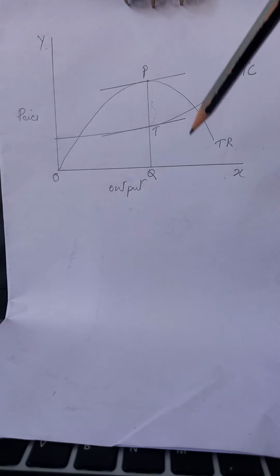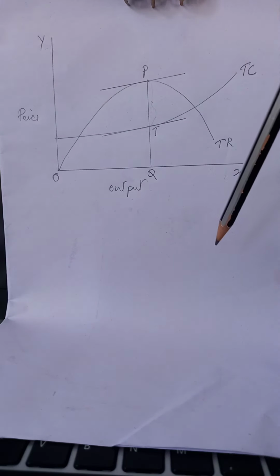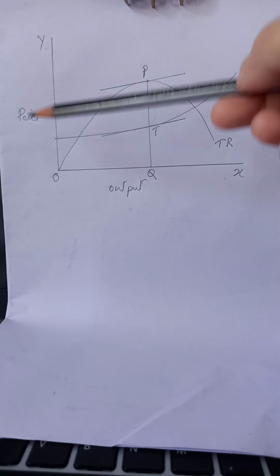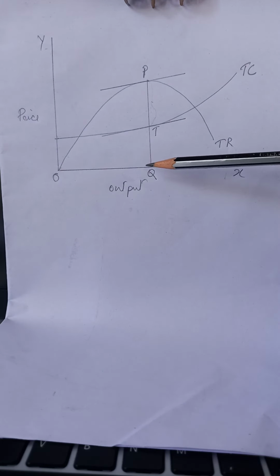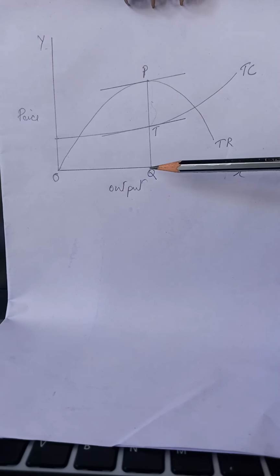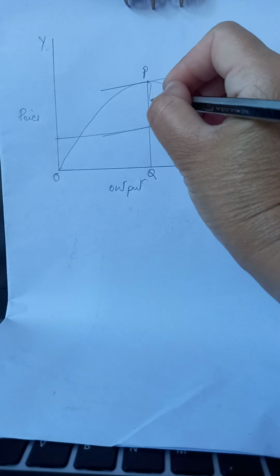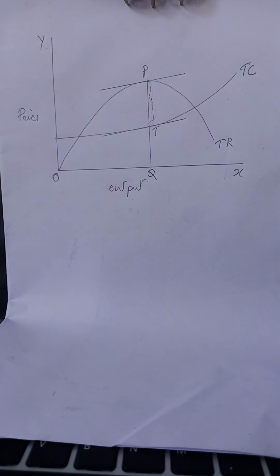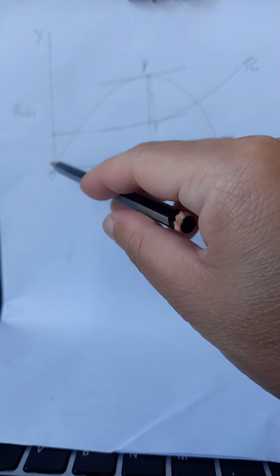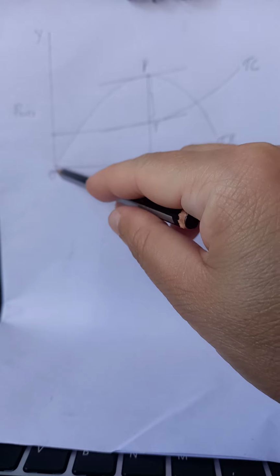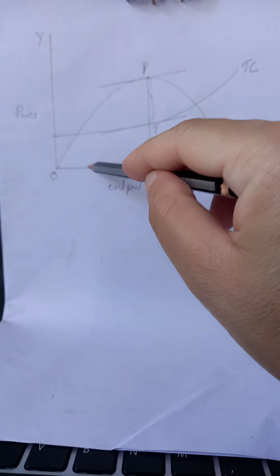Therefore, this monopolist will be in equilibrium or will be able to maximize profits only on producing OQ level of output, because it is only on producing this OQ level of output that the distance between his TC and his TR is at the maximum. So yes, from the very initial stage, there are so many problems.